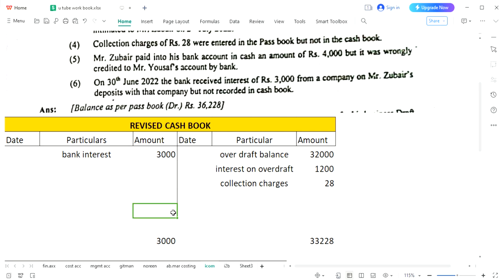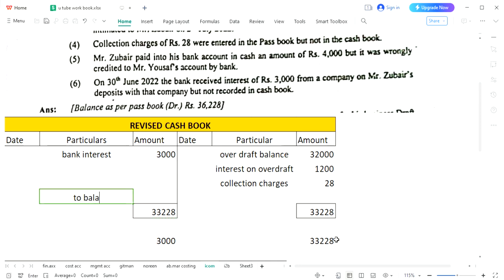So here we will write 33,228 and let's put the square over here. Alright, and as you know, the same total will be written on the other side as well. Then we will choose the smaller side. The debit side is smaller because the 3,000 total is smaller than 33,000, and you will write balance over here.